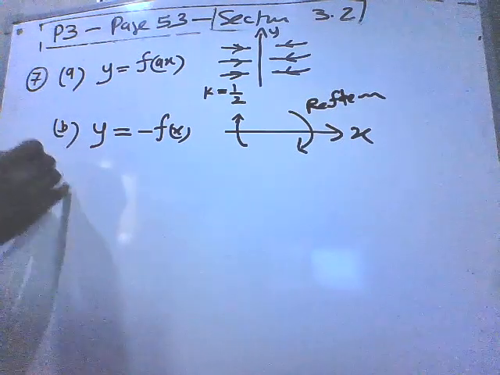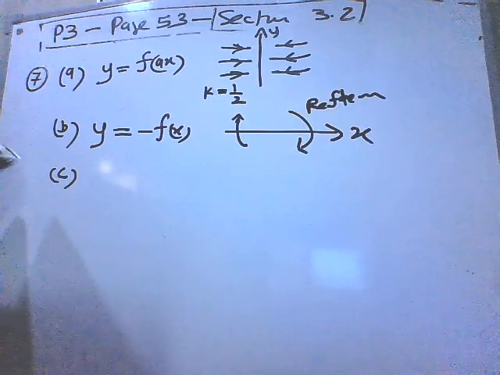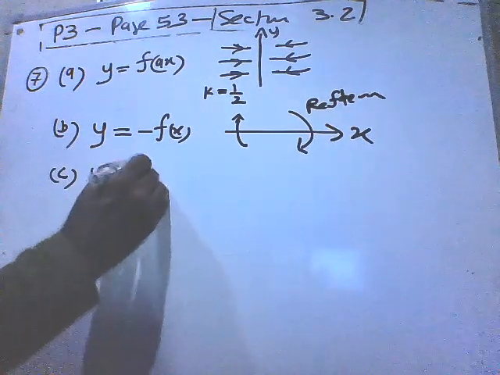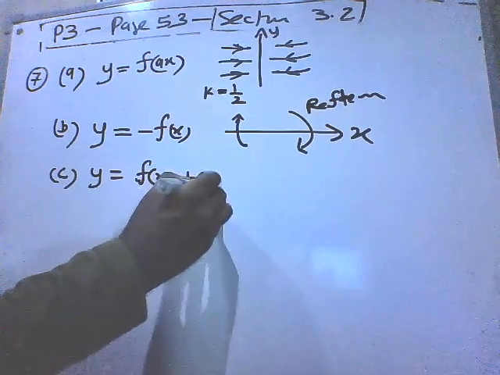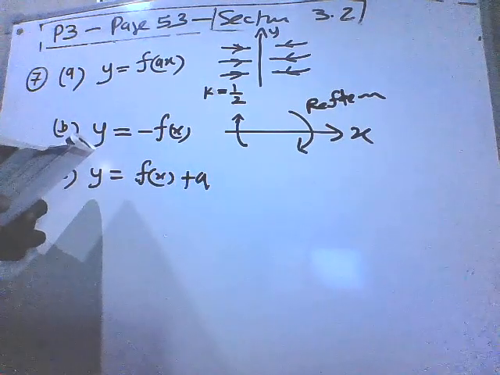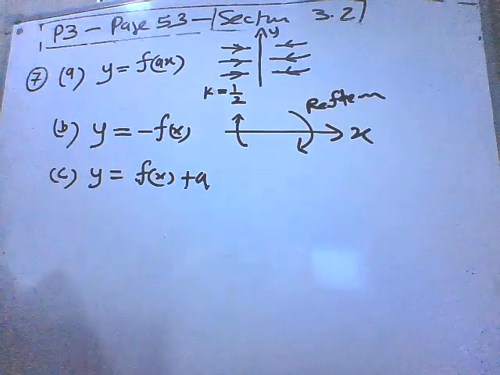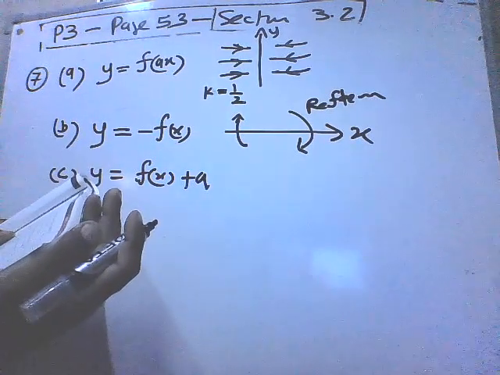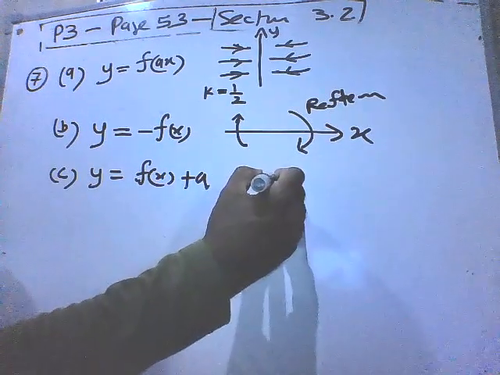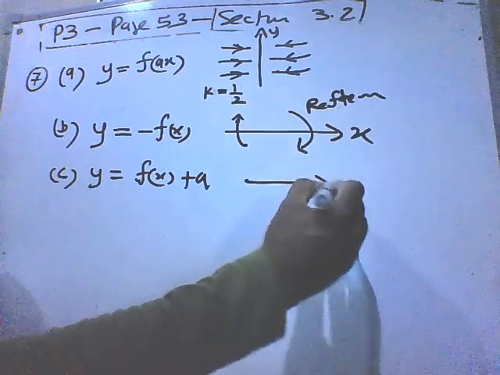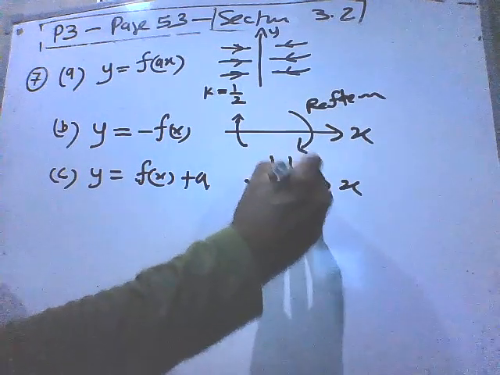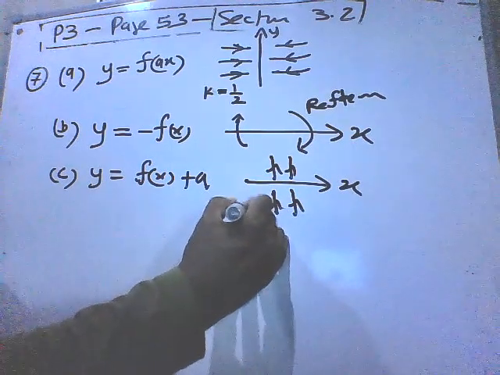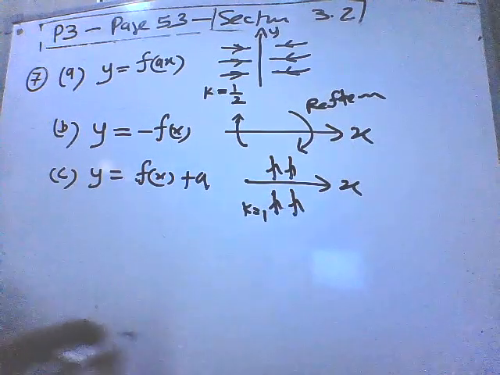And part C, the transformation is y equals f(x) plus a, 1 unit. So plus 1. Sec theta should be transformed by 1 unit up. If the x-axis is here, everything should shift up by 1 unit. We can say scale factor k is equal to 1.